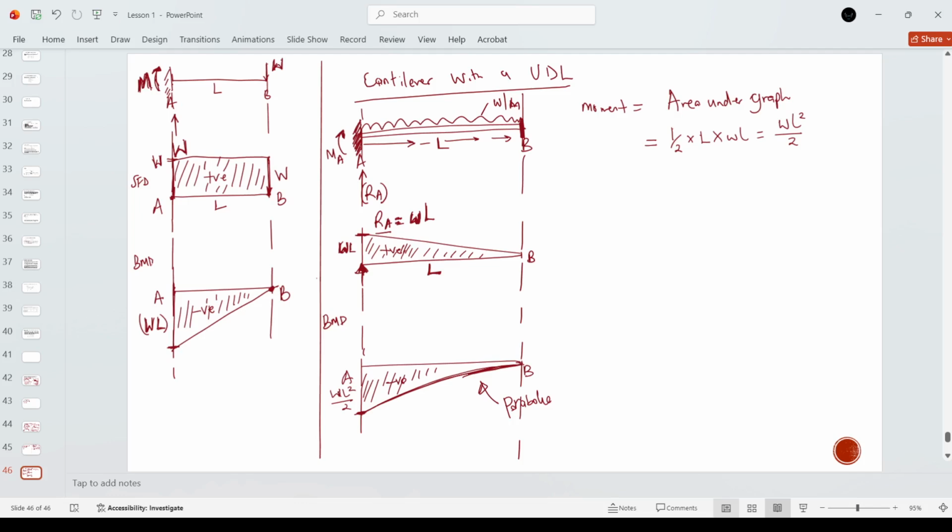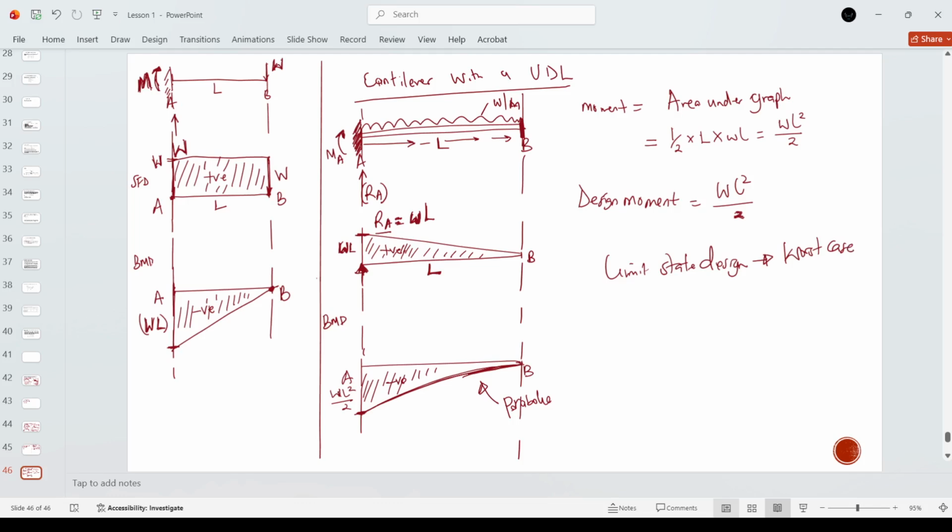So if you are to find the design moment, you just say WL squared over 2 because we want to consider the worst case scenario. If we are talking about limit state design, we said that we talk about the worst case.